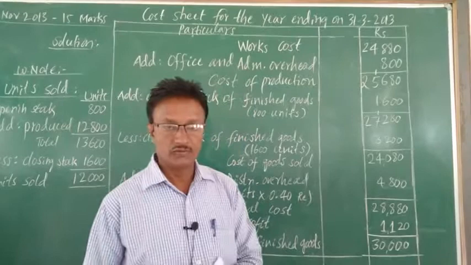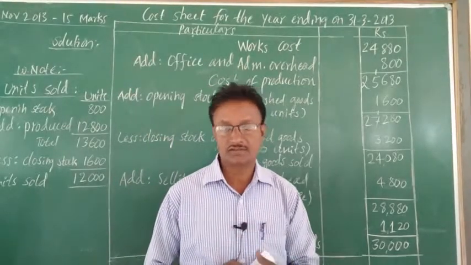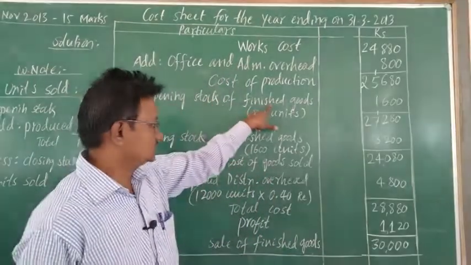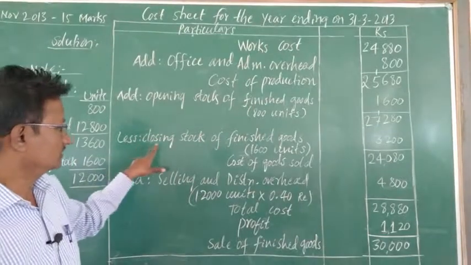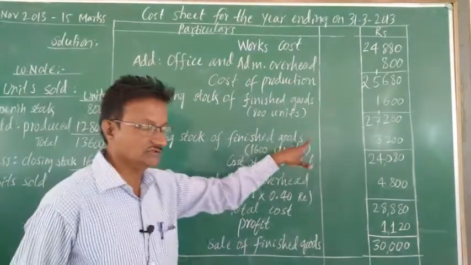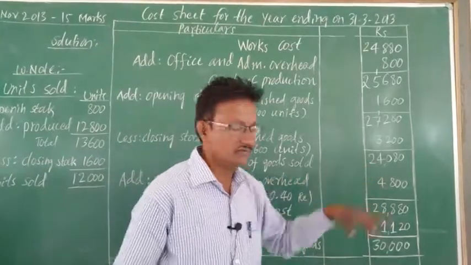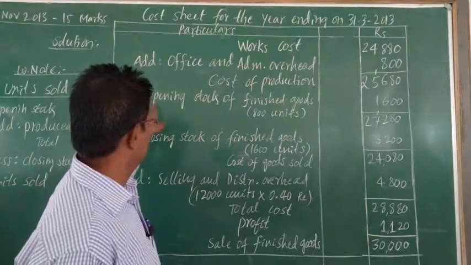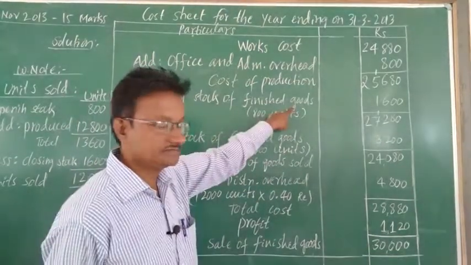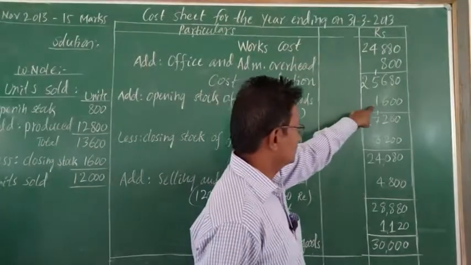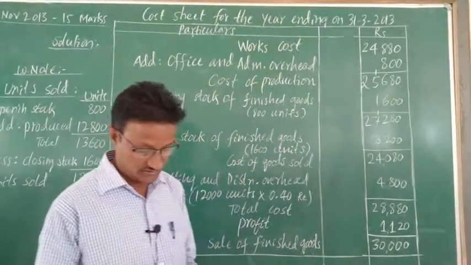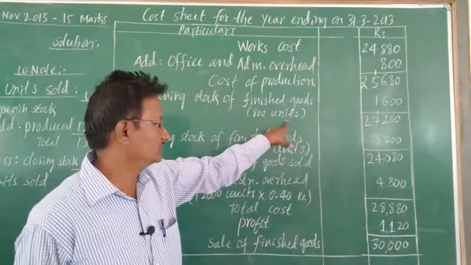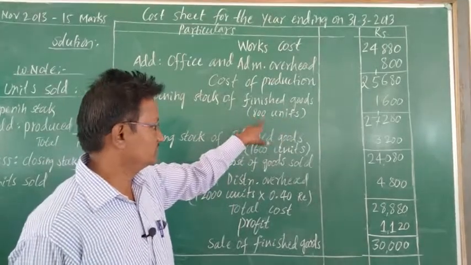To ascertain the cost of goods sold, we have to add opening stock of finished goods and deduct closing stock of finished goods. So we add opening stock of finished goods. The amount is given, that is 1600, and opening stock in units is also given, 800 units.